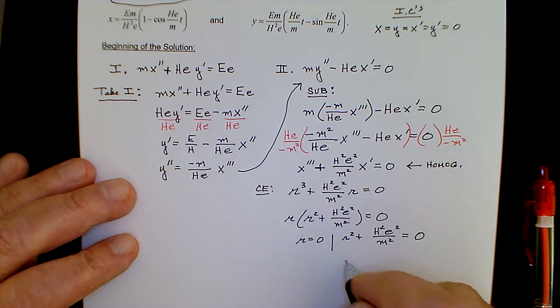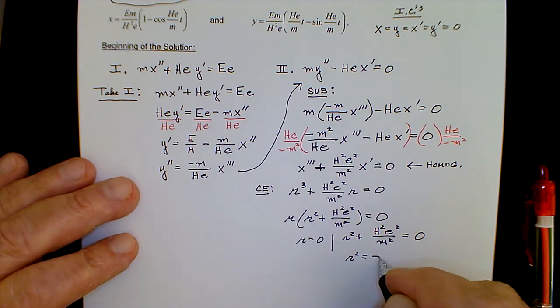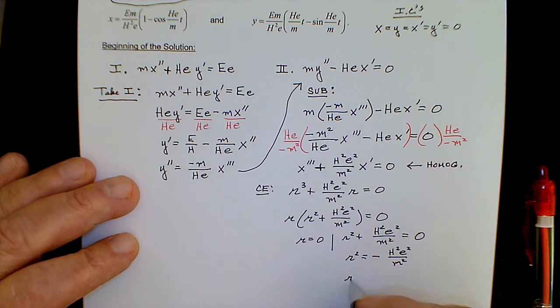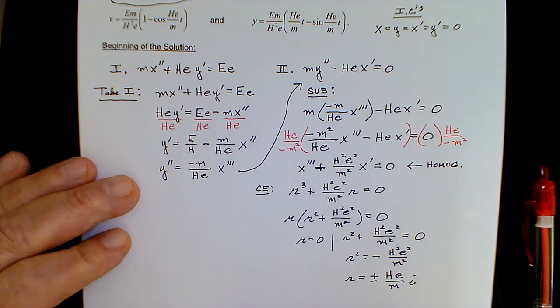And so then we'll isolate the r squared. It becomes negative h squared e squared over m squared, and take the square root of both sides, plus or minus. Okay, that negative causes the imaginary unit. The square root of each of the squares is just h e over m times i.